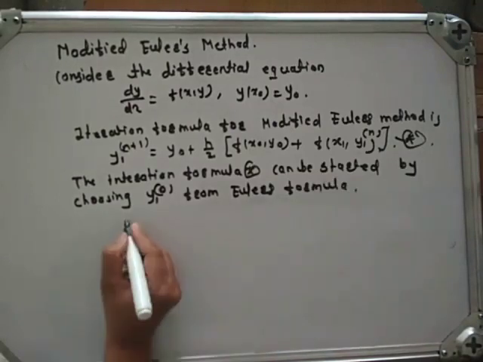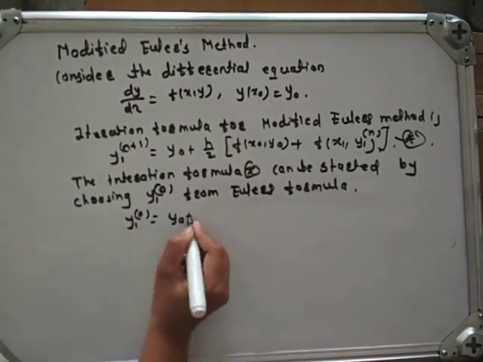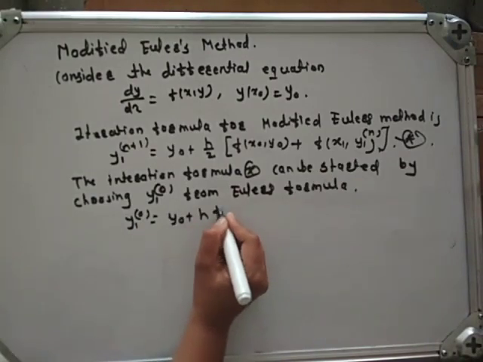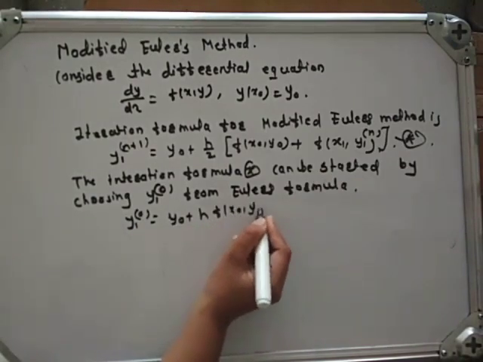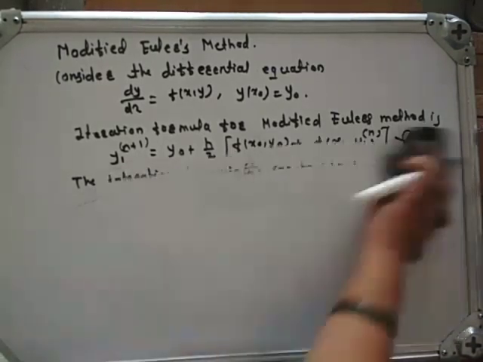So y1 (0) is equal to y0 plus h into f of x0, y0. Let us see one example based on this method, so we will better understand this method.